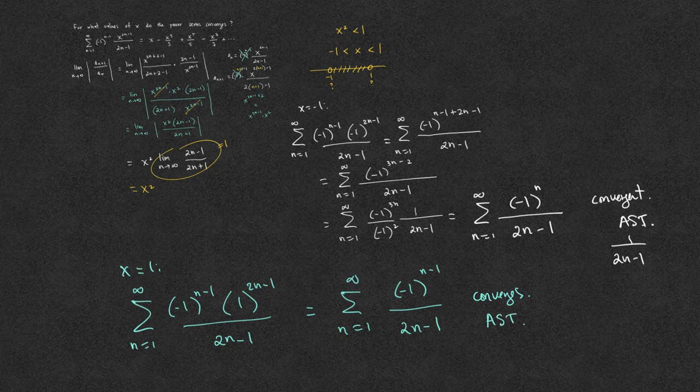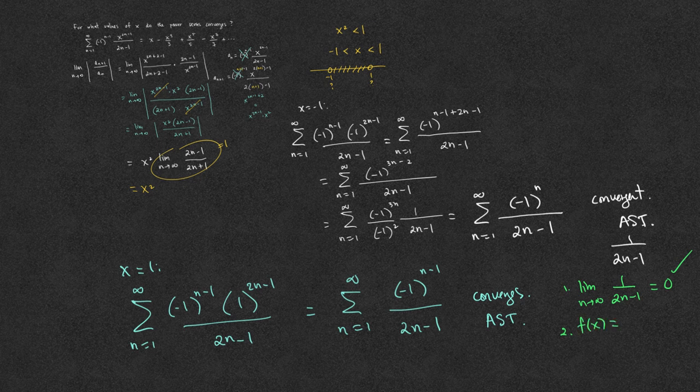There are two conditions if we want to check this. First, we need to check that the limit as n goes to infinity of 1 over 2n-1 equals 0, and this satisfies the first condition. The second condition is that the term has to be decreasing.